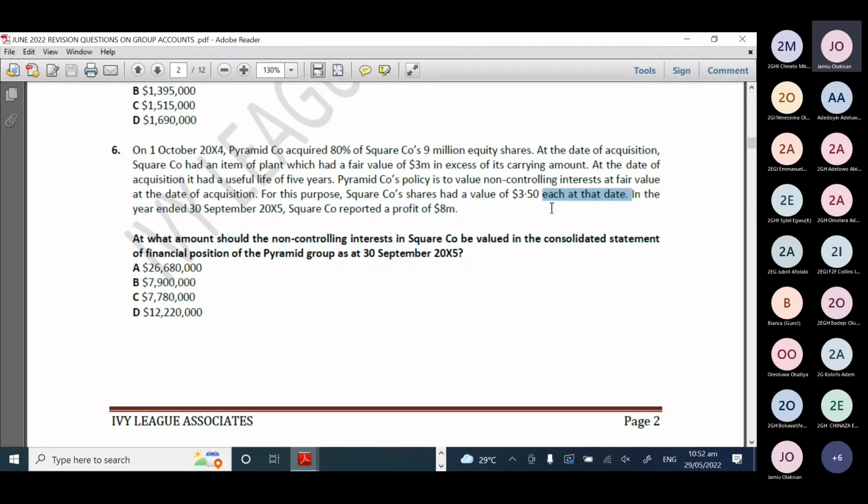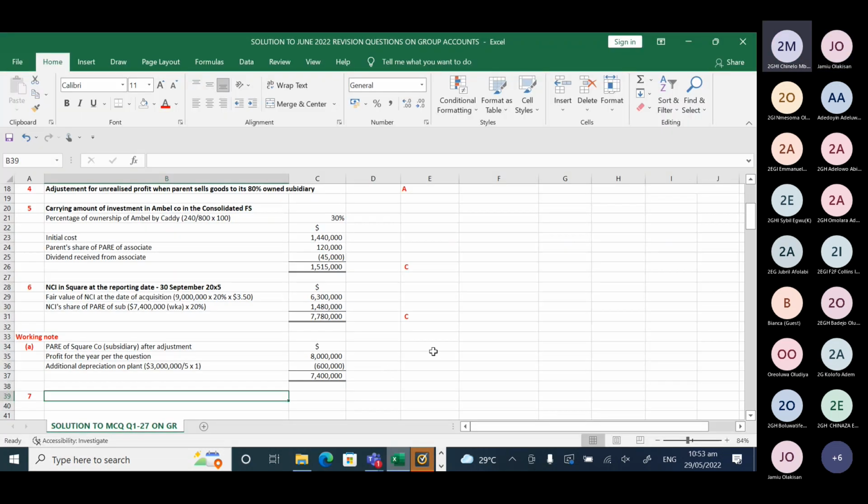Because if you look at the statement they made here, it said in the year ended 30 September 2025, Square Co reported a profit of 8 million. So it didn't specify it was Square Co's share. It's okay. Thank you.